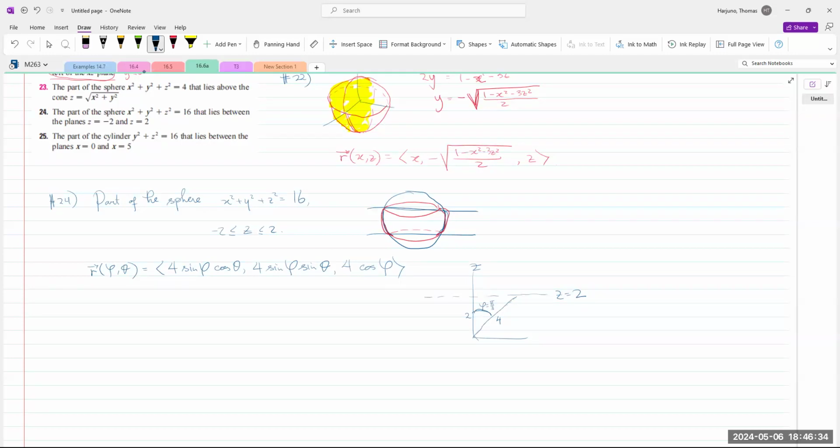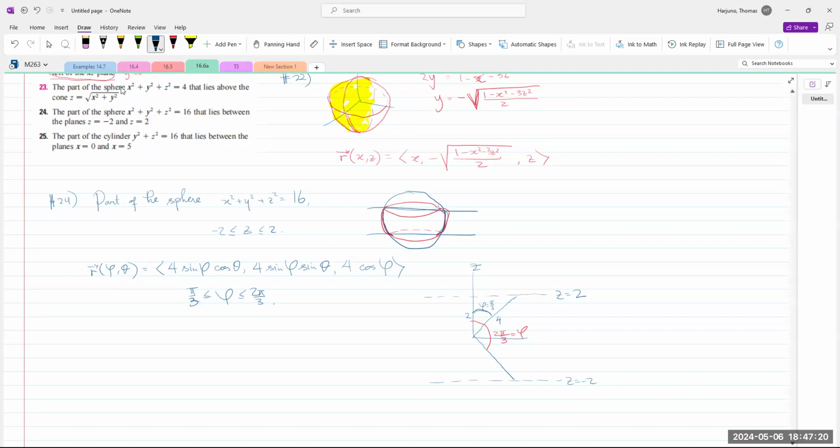Down to z equals -2, so the phi will be 2 pi over 3. So we get the same thing, but we limit the phi, now from pi over 3 to 2 pi over 3. That's how you make it part of the sphere instead of the full sphere, where the phi is from 0 to pi.